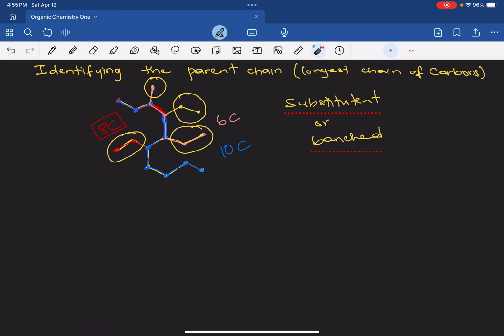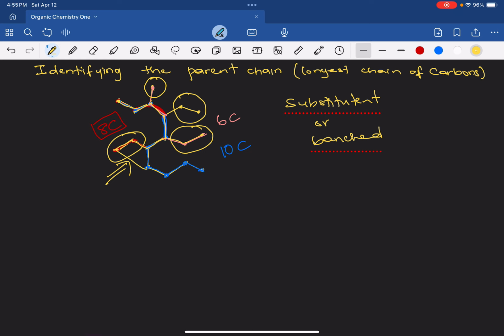Just remember, one of the most important things here is once you make a shape, that is not your longest chain. So for example, if we had gone here to here, to here, to here, to here, and then I went here and did this, whatever shape this is, it's not that.